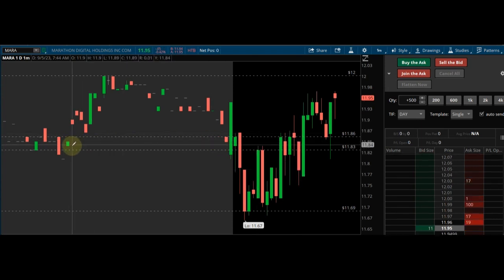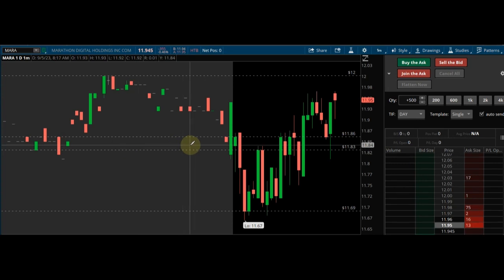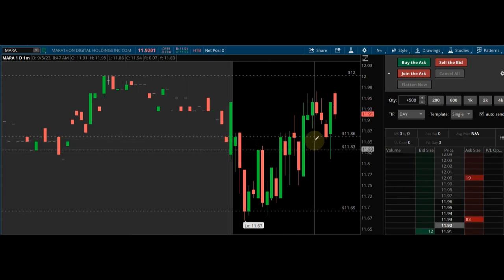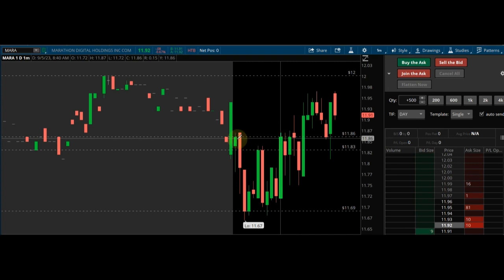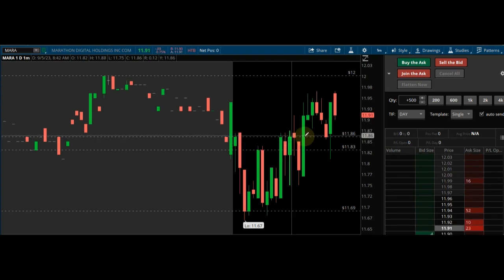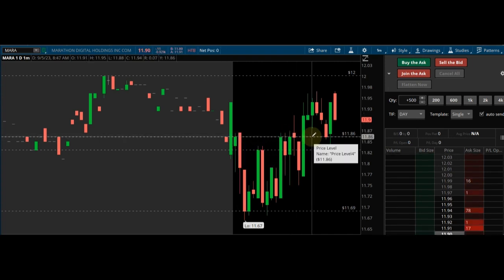It had resistance here and came back down. If you look back in time, you can pretty much spot these levels. As long as you have more than just one candle touch and you have multiple candle touches, that would be a true resistance level or support level.